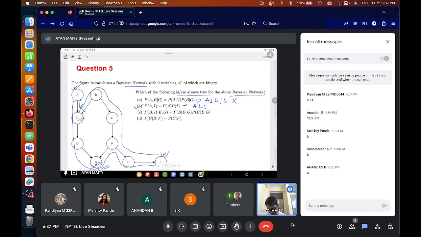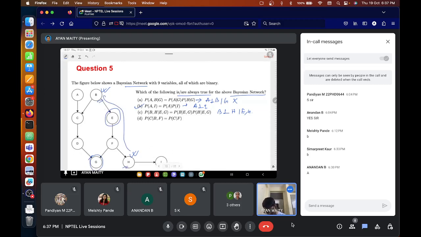And similarly you have to check for C and D. Option C says whether B and H are conditionally independent given E and G. So here two variables are given. This is B and this is H, and these two variables are given, E and G. From B to H there are two paths.